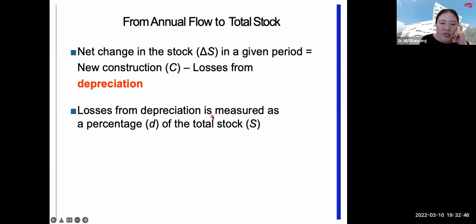It's very similar to the formula that we discussed in fixed business investment. We use a percentage and multiply that by the total stock, and this is the depreciated value. Here we use D to indicate the depreciation rate. So this is the losses from depreciation: D multiply S.